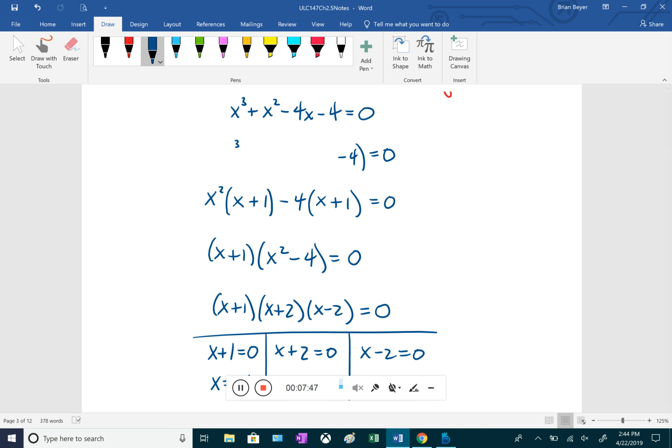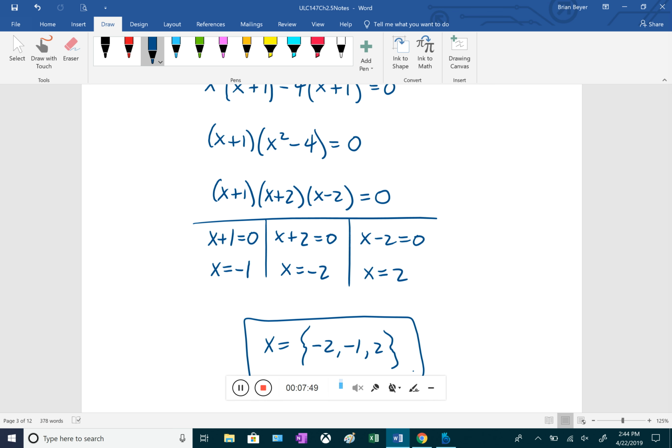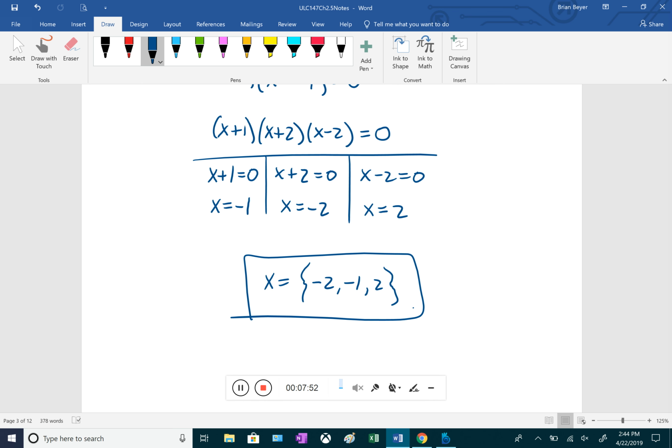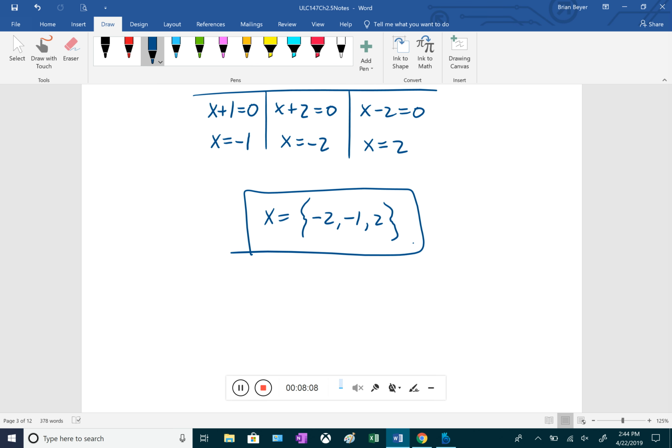Okay, so for polynomials, get everything on one side and factor it as far as you can. Make sure you always try GCF first, and then recall how to factor a quadratic trinomial, difference of squares, and grouping. So those are the 4 main factoring methods. And then the zero product property.